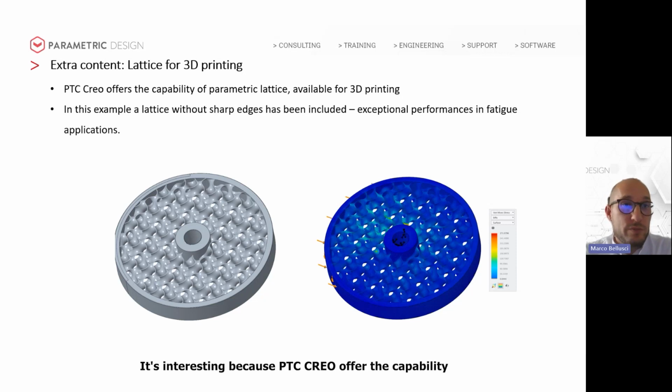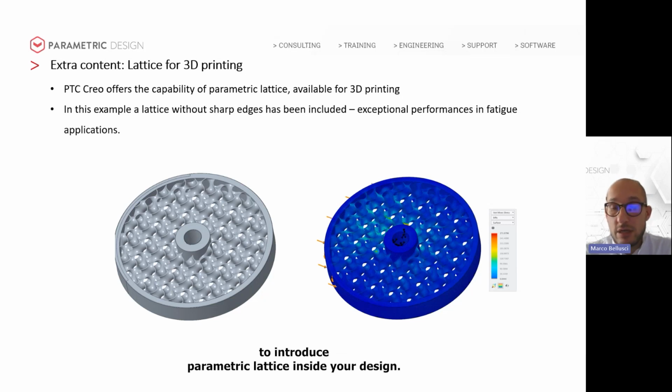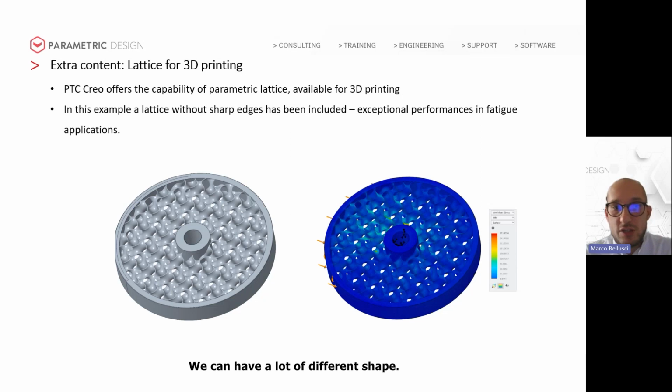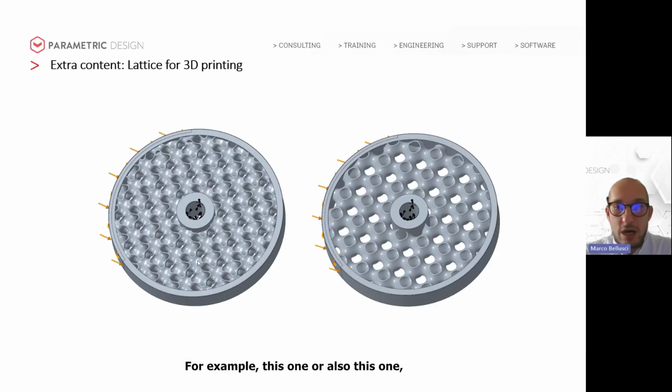It's interesting because PTC Creo offers the capability to introduce parametric lattice inside your design. These obviously are complex shapes that require 3D printing. We can have a lot of different shapes, for example, this one or also this one and this reticle too, but we have no time for that, maybe in the future.